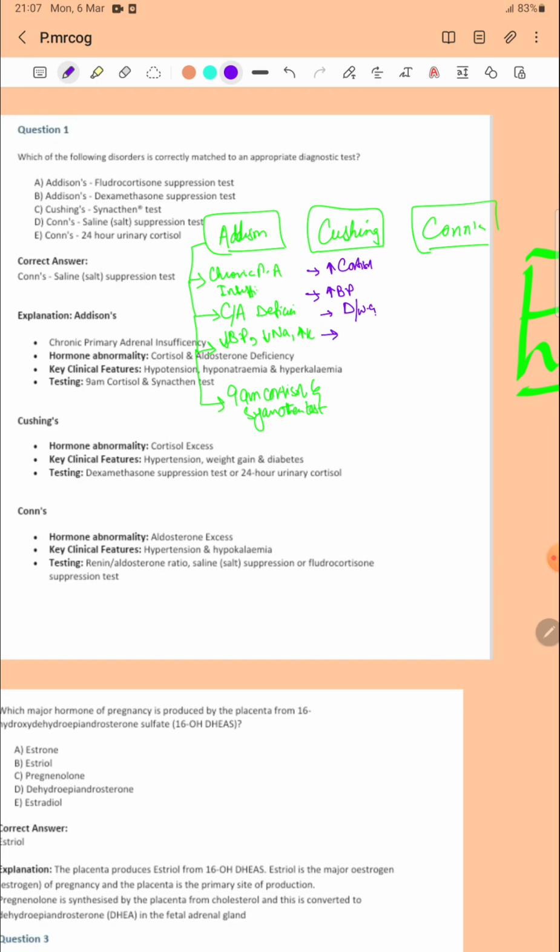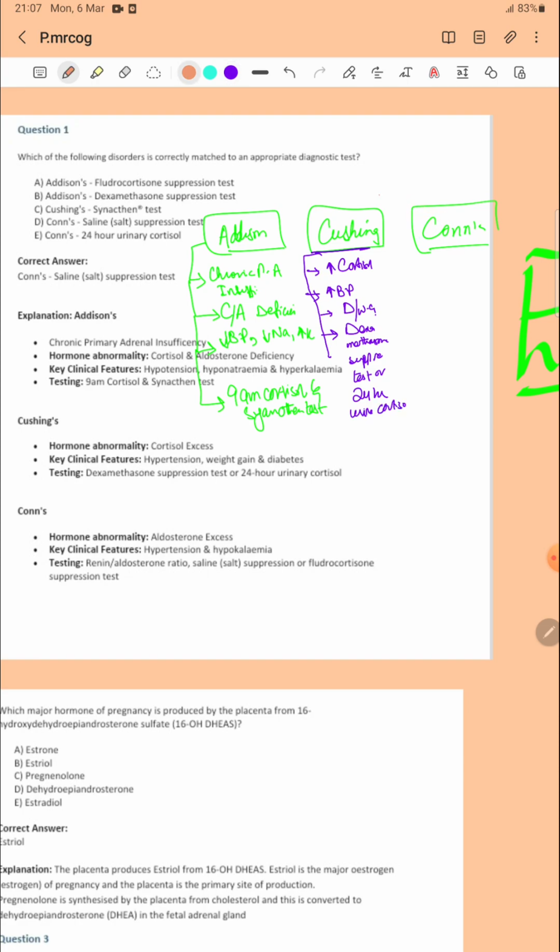The most important test used for Cushing syndrome is the dexamethasone suppression test, or 24-hour urinary cortisol.